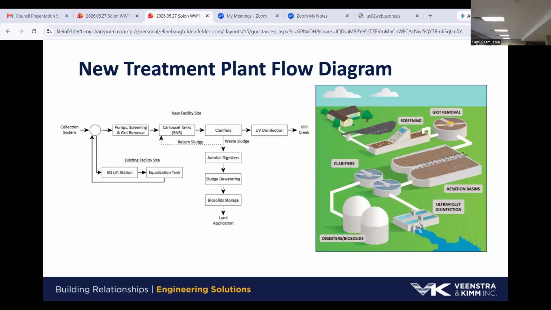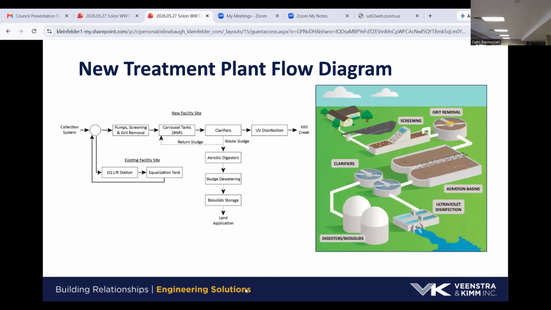That has led us to our overall project, which is the next slide, which shows why we're here tonight. That's kind of the background on all of this. To get from the existing site to the new site, we have a 30-inch interceptor sewer that needs to be constructed along Mill Creek.